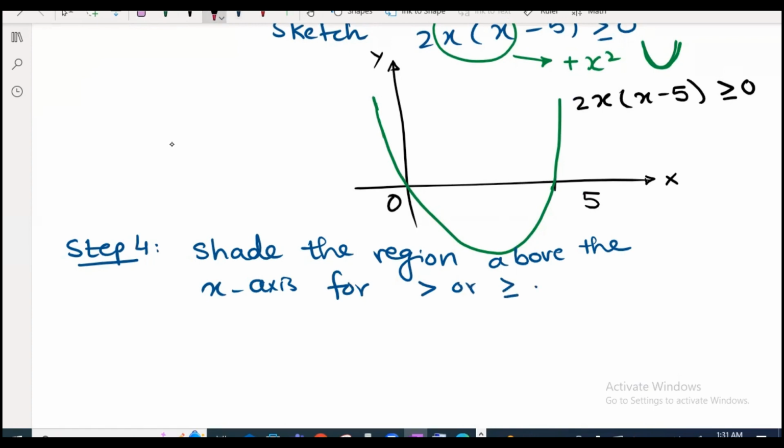So you can memorize by this note. Parabola with positive x square, and for greater than or greater than or equal to, we shade above the x-axis here. So going to shade this.